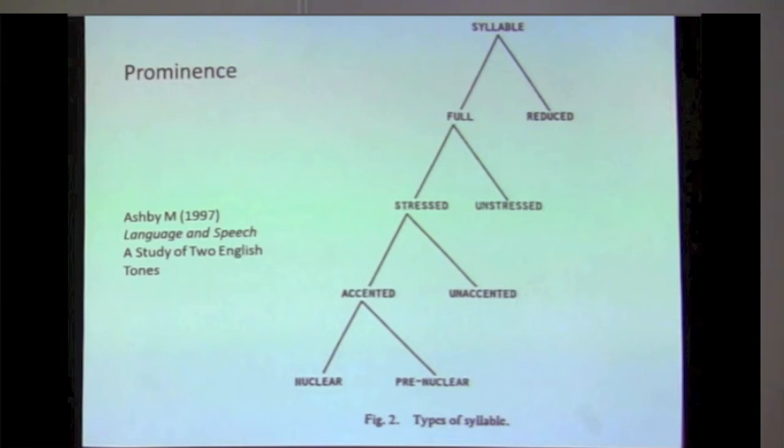And then finally down at the bottom he's got the pre-nuclear and the nuclear syllables, and that's where you have stressed syllables and some sort of pitch change docks onto those stresses. The intonation system and the stress system, I'm sure we're all aware, are completely different systems in terms of how they're driven linguistically, but pitch changes happen on stressed syllables.